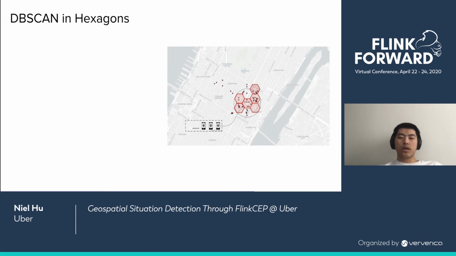A core hexagon is basically the origin hexagon of a cluster, and all of the neighboring hexagons belong to the same cluster. After we identify the core hexagon, we apply the same procedure to other neighbors to propagate the cluster, until we go through all of the hexagons that have points in them. It greatly reduces our compute complexity.